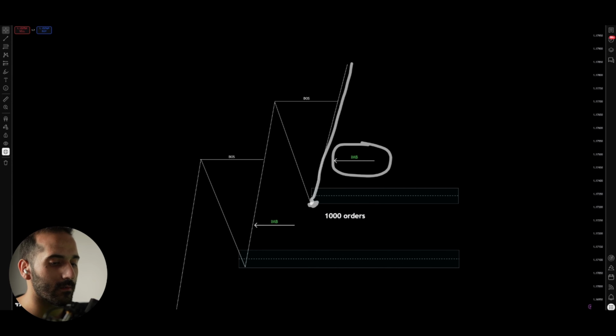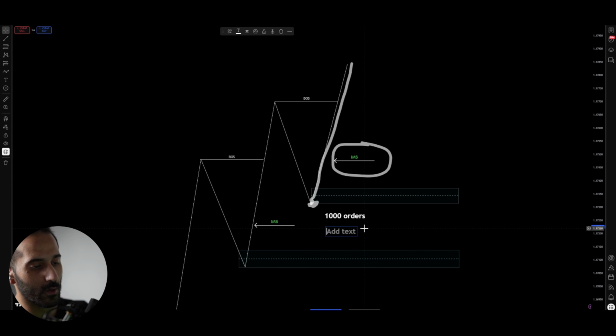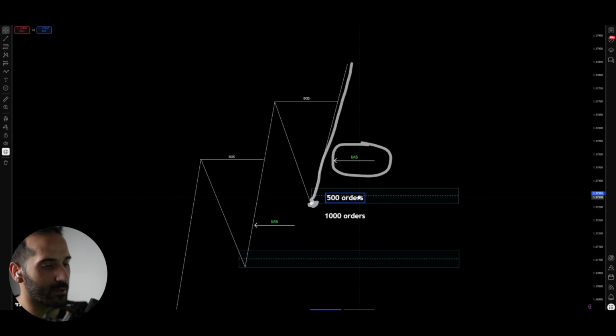Now, when the market executed these orders, of course, not every order was executed here, because the momentum at this price level caused a part of these orders to be executed. Let's say 500 orders here were executed.